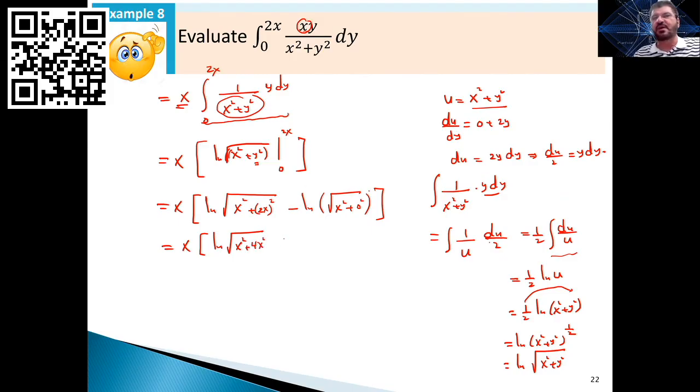You get 4x squared, minus ln square root of x squared. And this is equal to ln, this is 5x squared, isn't it? Minus ln square root of x squared, and you are done. This is the final answer, guys. So we were able to integrate it.